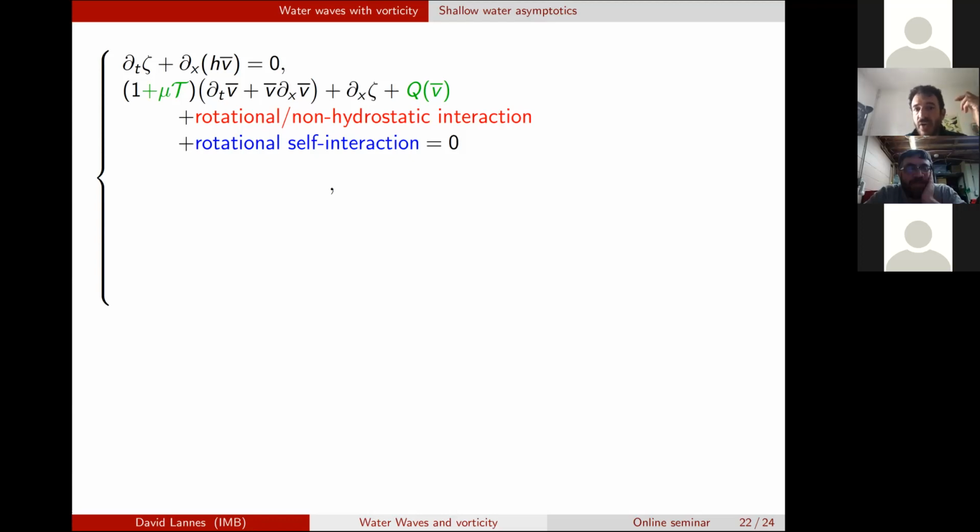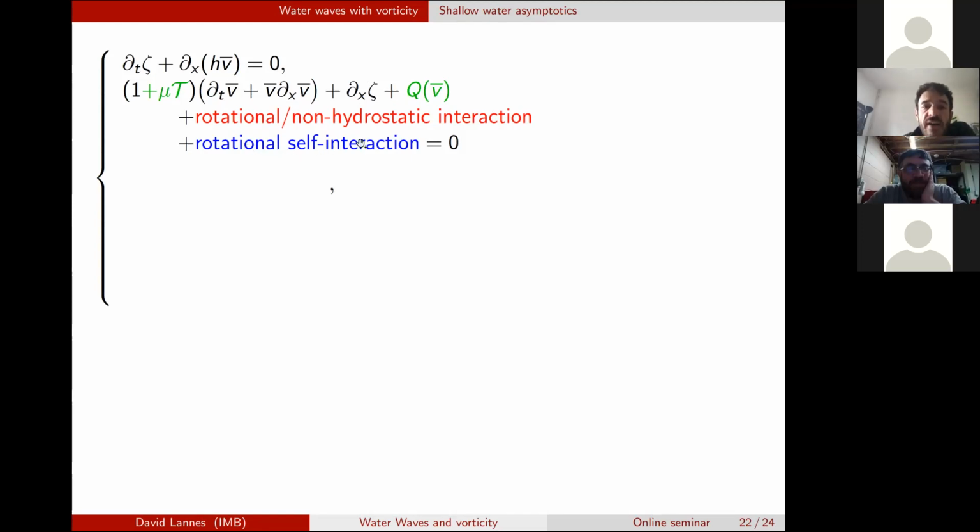So since you have a quadratic term, and each component v minus v bar contains one variation from the average which is due to the non-hydrostatic term and another one which is due to the rotational term, then in this quadratic term you will have one which is the rotational term against the non-hydrostatic term, another one which is the quadratic self-interaction of the rotational term, of the shear velocity induced term.